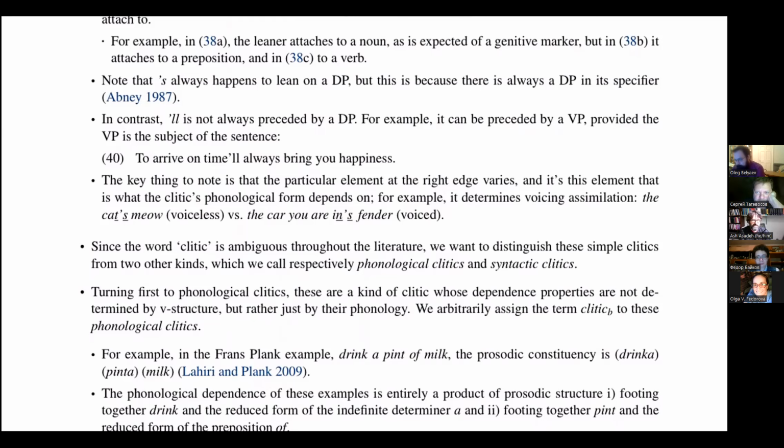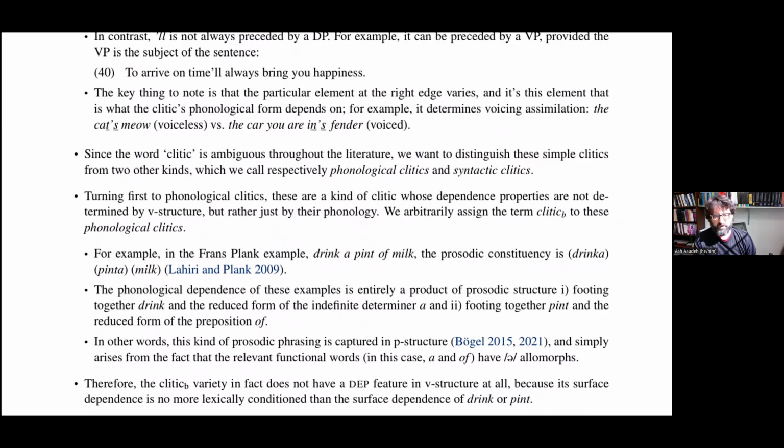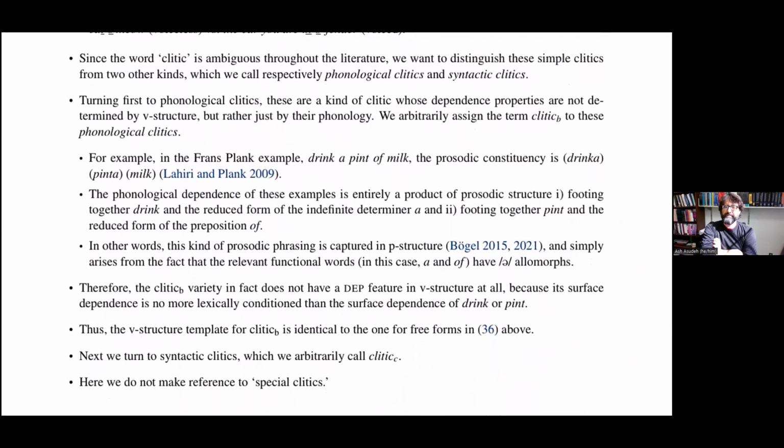Okay? So since the word clitic is ambiguous throughout the literature, we want to further distinguish these simple clitics from two other kinds, which we call respectively phonological clitics and syntactic clitics. Turning first to the phonological ones, these are a kind of clitic whose dependence properties are not determined by V structure, but rather just by their phonology.